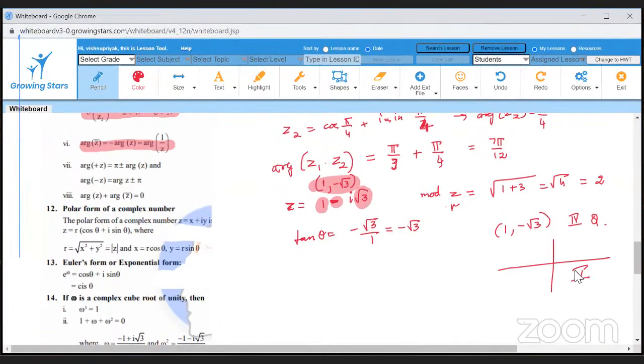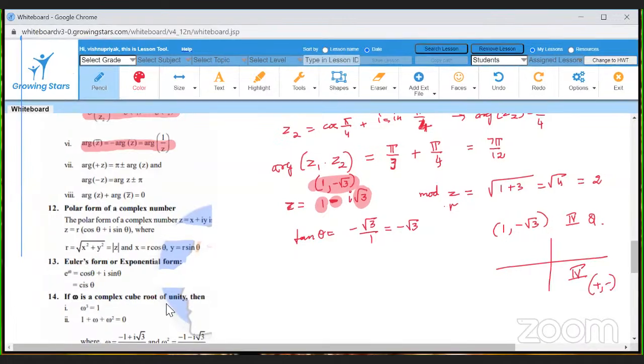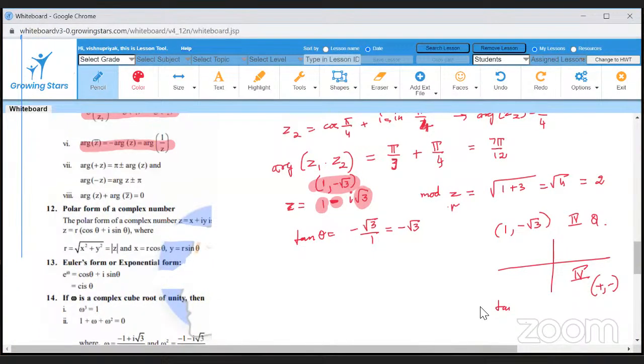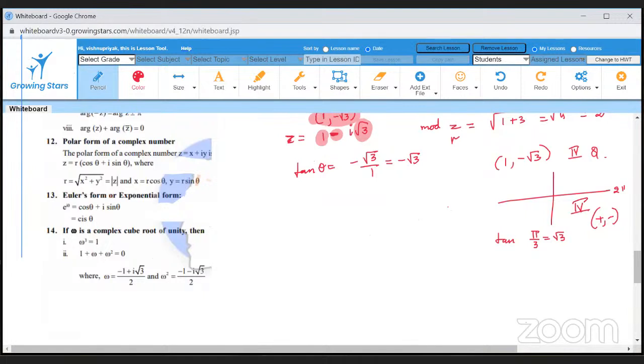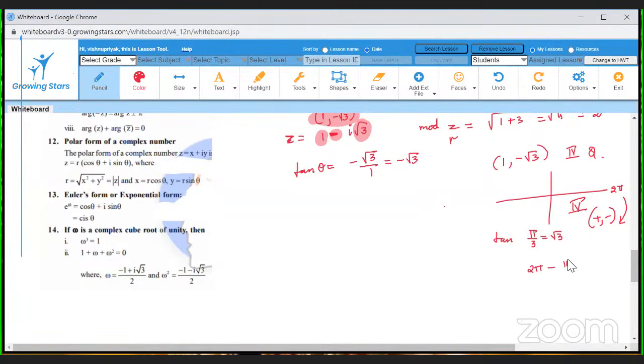X is positive, Y is negative here. That means the angle should be in the 4th quadrant. We know tan 60 is root 3. But 4th quadrant means from 2 pi, you have to subtract 60. You will get 5 pi by 3.